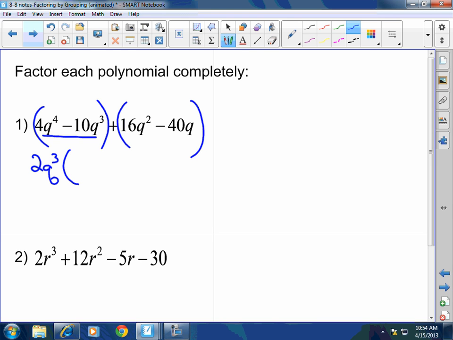And I'm going to be left with 2q minus 5. Plus q cubed divided by q cubed is 1. Okay, what am I factoring out of here to make it look exactly like 2q minus 5? An 8q, very good. Am I taking out a positive or a negative 8q? Positive. So I go plus 8q, right? Oh!